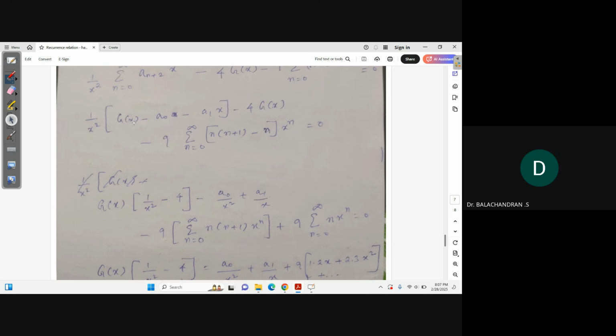You can multiply throughout by x square, but there is no need to.